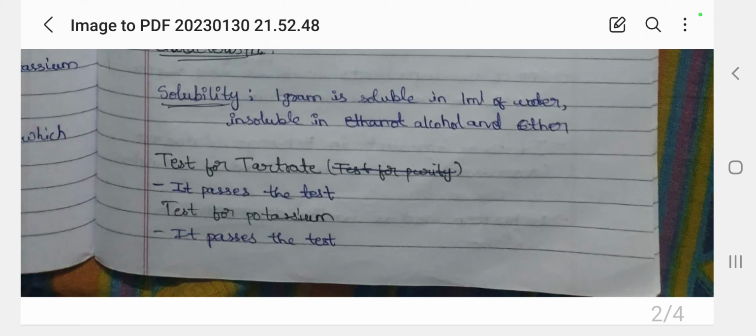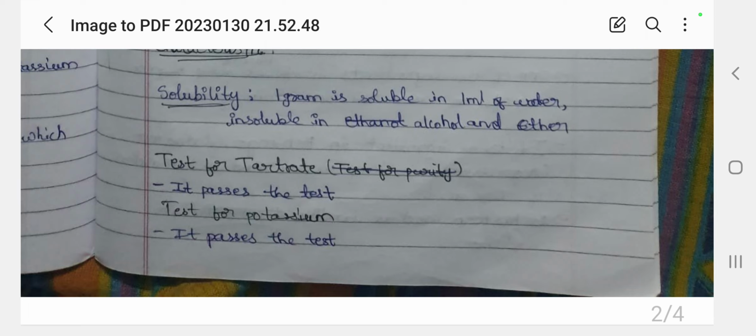That means we already know how to perform the limit test for chloride and the limit test for sulfate, among others. What is the purpose of conducting the limit test? It is to find out the impurities present in a given unknown substance, by comparing the opalescence or turbidity with the standard solution.